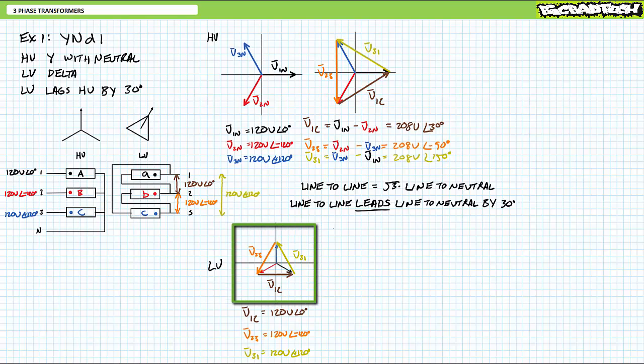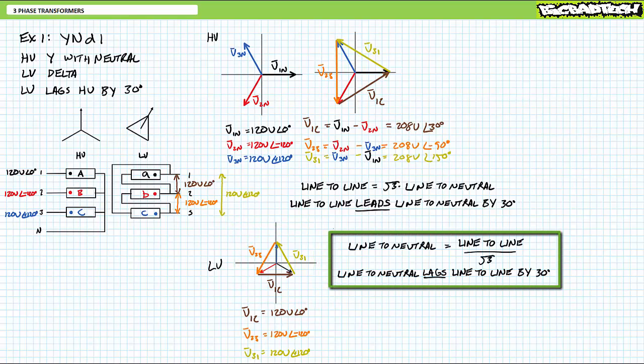To determine this new configuration's line-to-virtual-neutrals, these little guys on the inside for the delta-configured output, one could perform the reverse calculation of our previous procedure. If the line-to-line voltages are roughly 1.73 times that of line-to-neutrals and lead the line-to-neutrals by 30 degrees, it stands to conjecture that the line-to-neutrals are 1 over square root 3, or 1 over 1.73, or roughly 0.577 times the line-to-lines, and they lag the line-to-lines by 30 degrees.